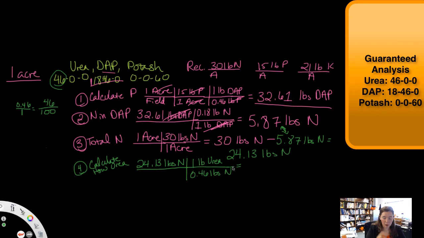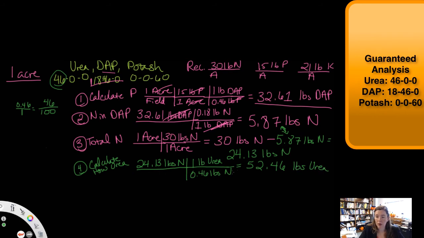So at this point in time, this will give us how much urea we need to buy. So we're going to do that 24.13 divide by 0.46, and we need to buy 52.46 pounds of urea.